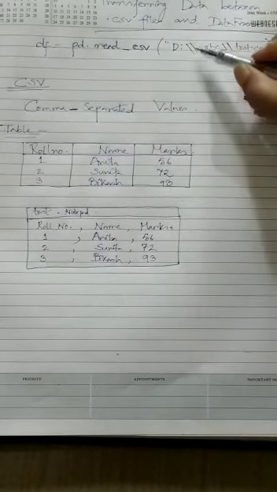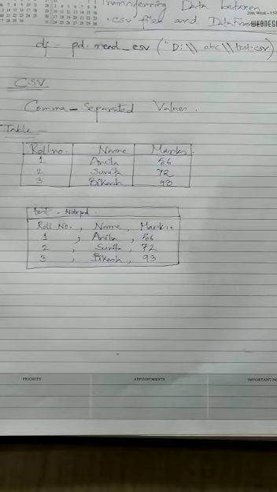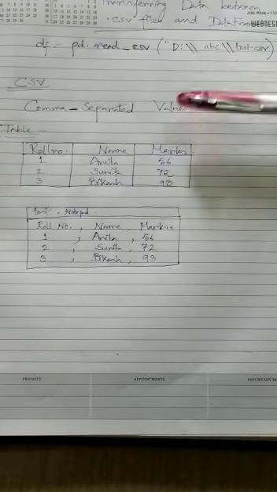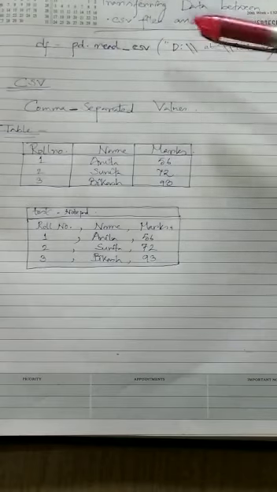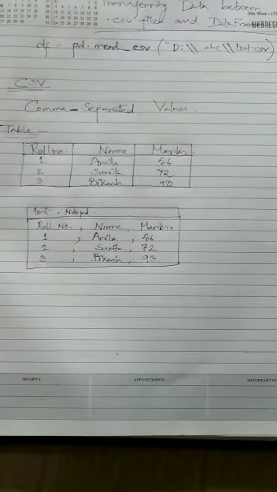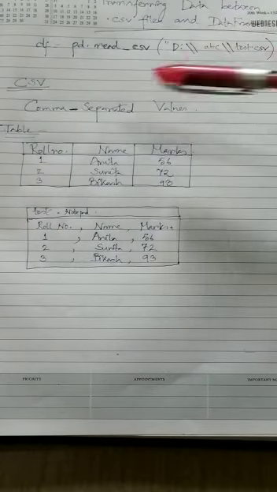One thing to notice: you put double slash, because sometimes with a single slash the computer program may give you an error. If it is showing you an error, better to change it to double slash. So if you write only this particular line, then you get the data frame.